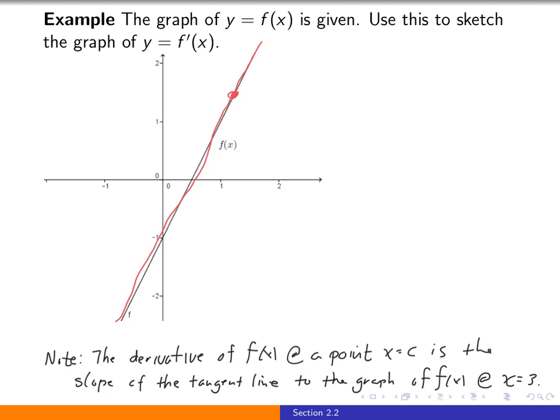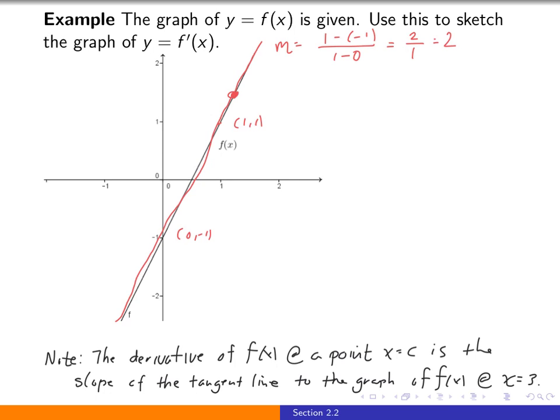So what is the slope of this line? If we look at 2 points that we can see on the line, we have the point (0, -1), and it appears we have the point (1, 1). So the slope would be rise over run: 1 minus negative 1 over 1 minus 0 is 2 over 1, or 2.